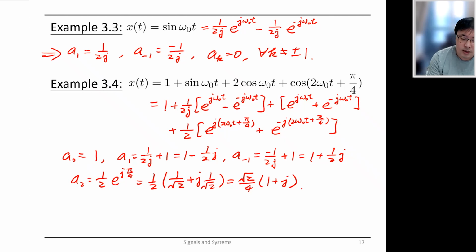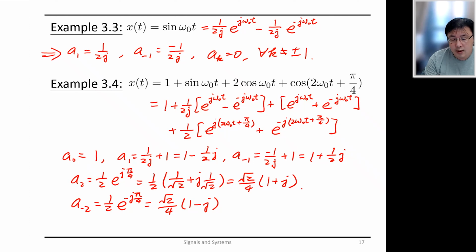Similarly, for the second order harmonic e to the minus j2 omega naught t, the coefficient A minus 2 is 1/2 e to the minus j pi over 4. If you evaluate this, it becomes square root 2 over 4 times (1 minus j).